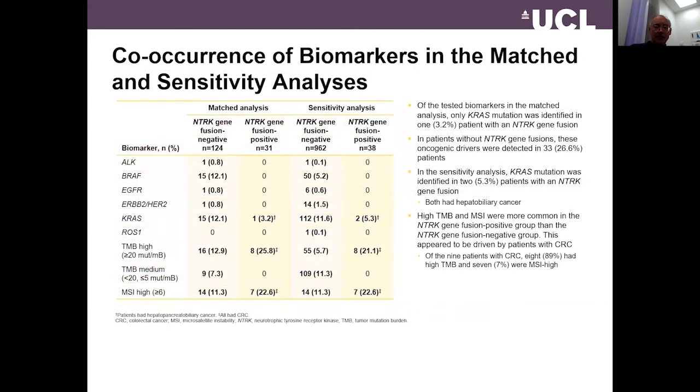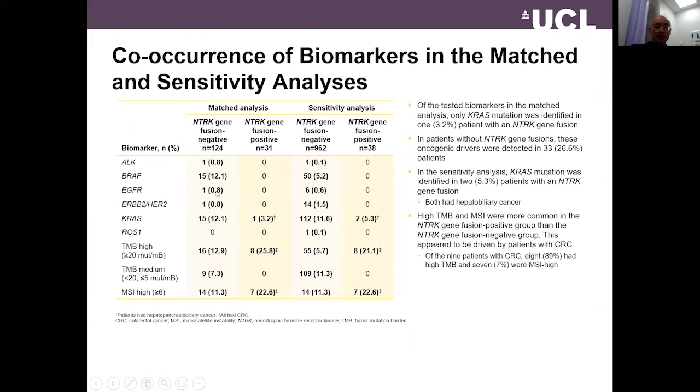This is the other primary finding here. They matched the fusion positive group to a similar fusion negative group and compared the incidence of these other suspects, these other common driver alterations, what we call clinically relevant driver alterations, down on the right here.